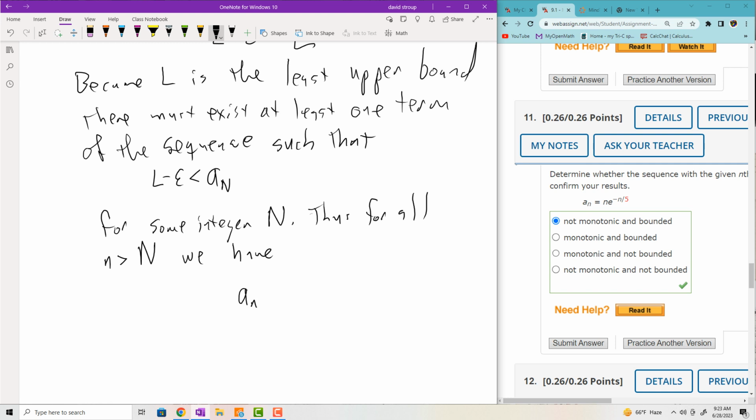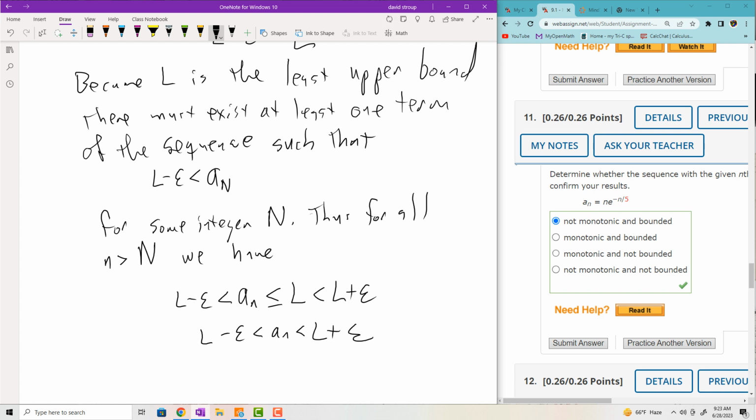for all little n greater than big N, it'll be true that a sub little n then will be greater than this L minus epsilon. And of course, a sub little n will definitely be less than or equal to L. And then on top of that, we say L is less than L plus epsilon. And then we can just rewrite that as L minus epsilon is less than a sub n, which is less than L plus epsilon.